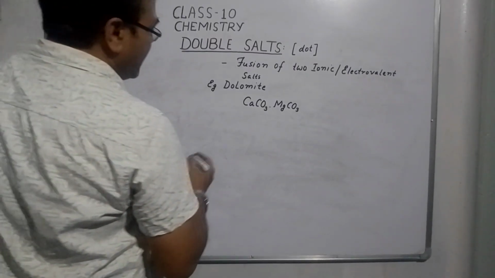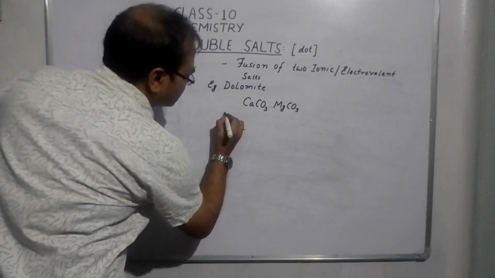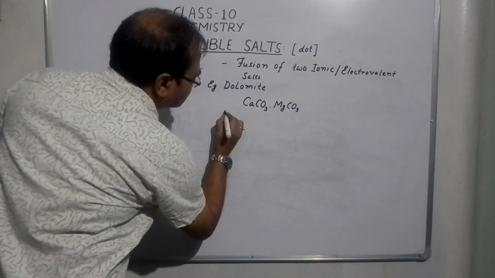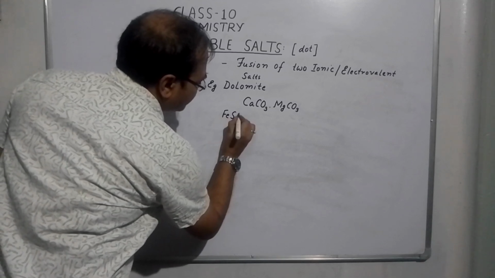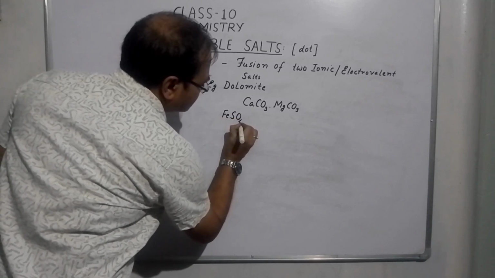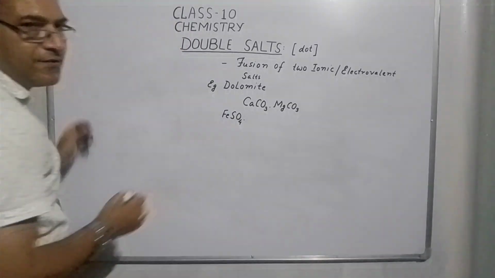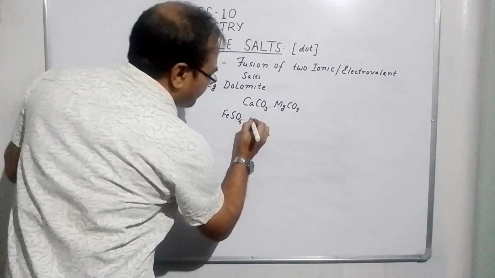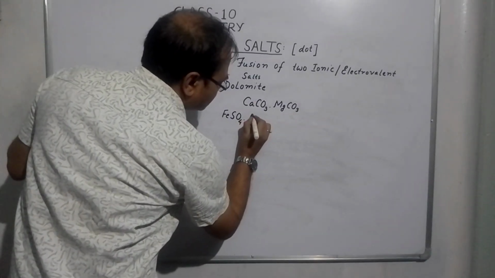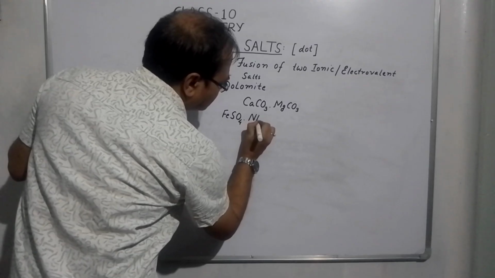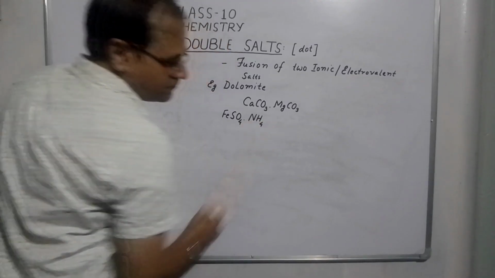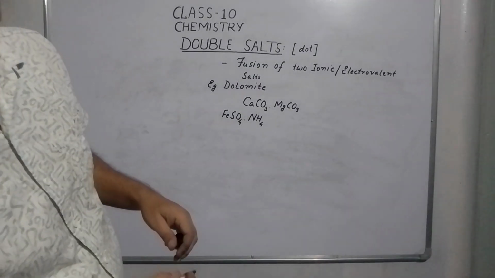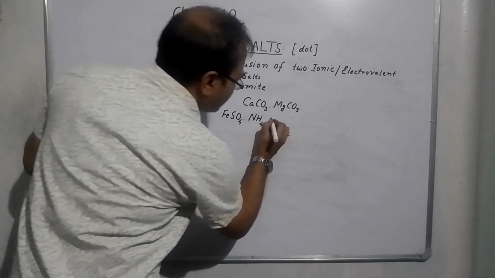Now we will study more about this. Ferrous sulfate is another example. Ferrous sulfate is light green in color. So ferrous sulfate and ammonium sulfate.